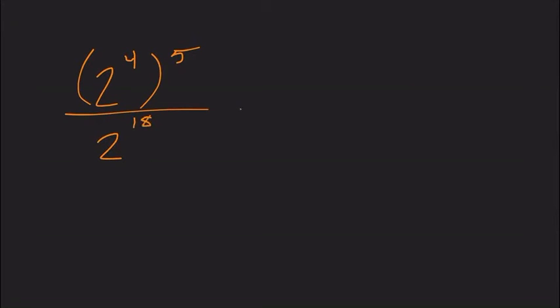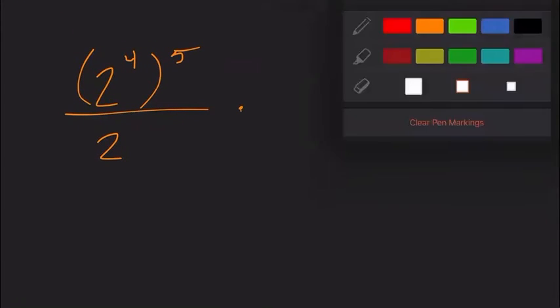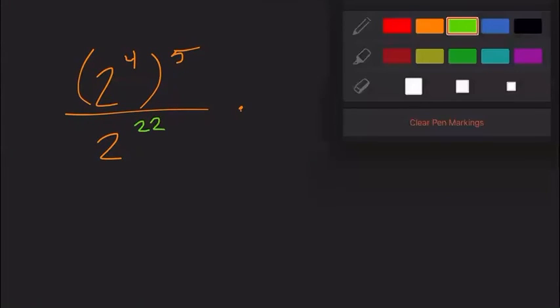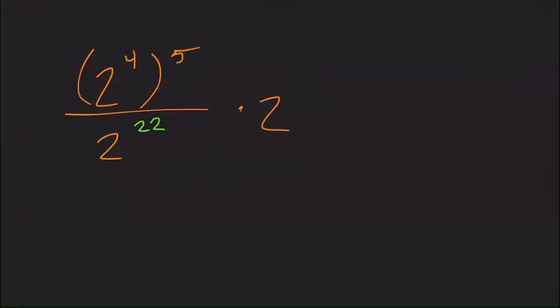So let's take a couple. Let's say, for example, we have, let's take one that just combines a couple things together. Let's say we have 2 to the 4th raised to the 5th power over 2 to the 18th times, I don't know, let's make this 2 to the 2nd and 2 to the 1st.